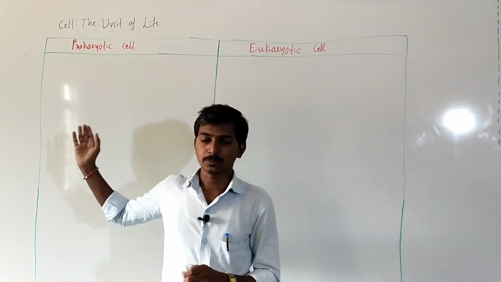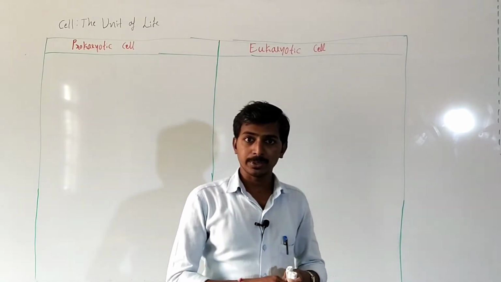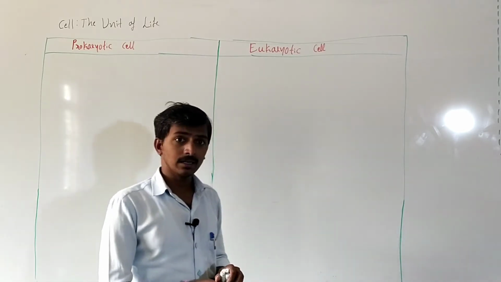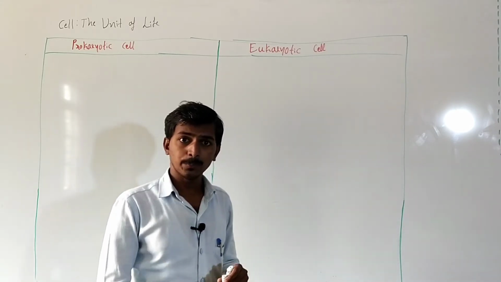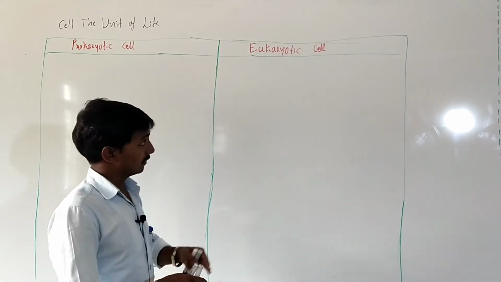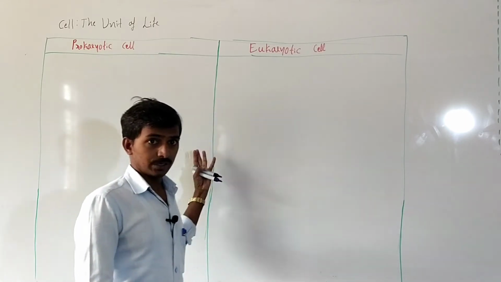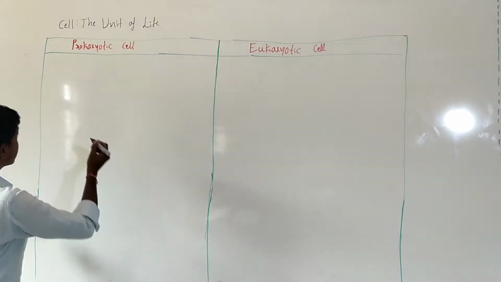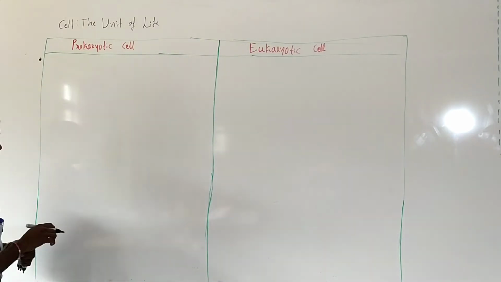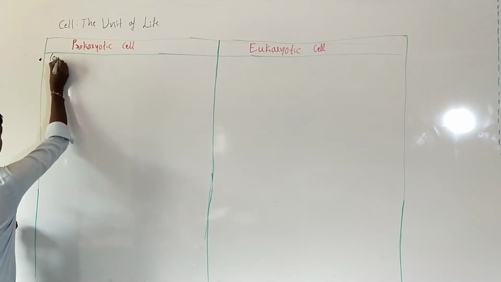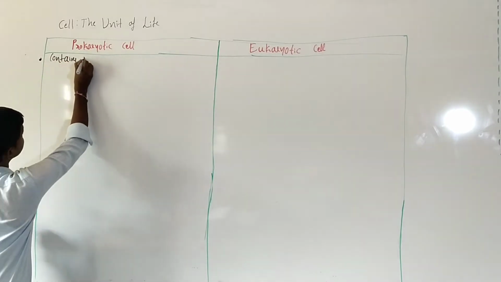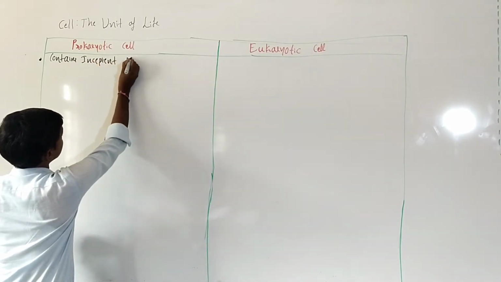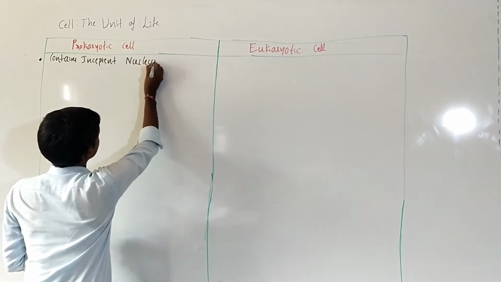All of us know the prokaryotic cell as the cell with a primitive or incipient nucleus. Similarly, the eukaryotic cell has an advanced or prominent nucleus. We'll list out the differences between a prokaryotic and a eukaryotic cell. The first difference is that the prokaryotic cell contains an incipient nucleus.